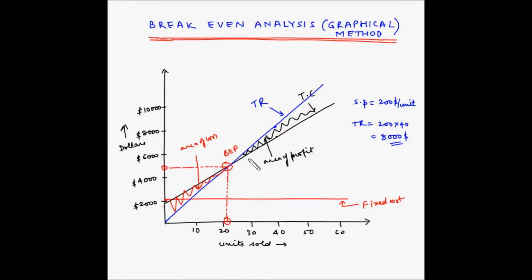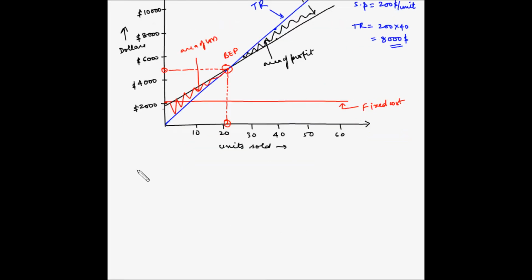Now one question that comes to mind is how do we know that these lines are linear or straight in nature? So let's take the example of the total cost line to understand this. Now we know that the total cost is equal to the fixed cost plus the variable cost, and the variable cost is equal to the number of units multiplied by the unit variable cost.